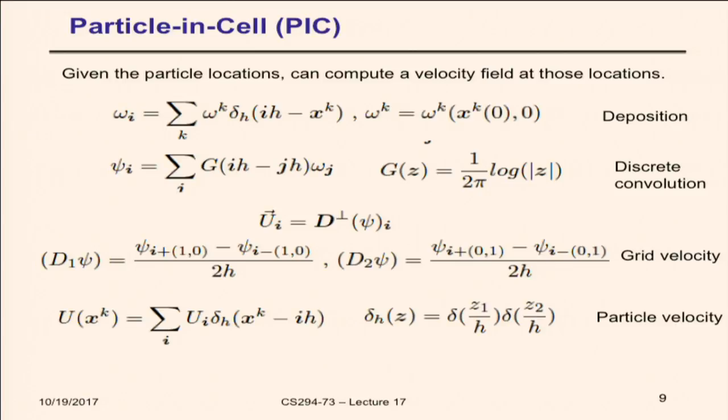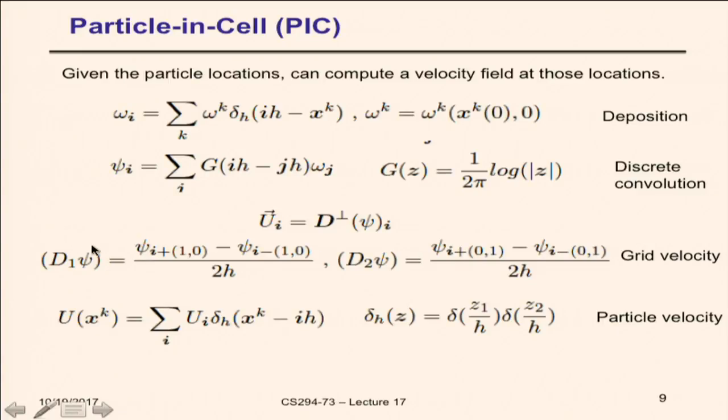So you have to introduce some sort of regularization. And then you do this convolution. We know how to do that fast using Hockney's method. Then we compute the velocity field by taking the finite difference approximation to the gradient perp applied to the stream function. I've written that out here.